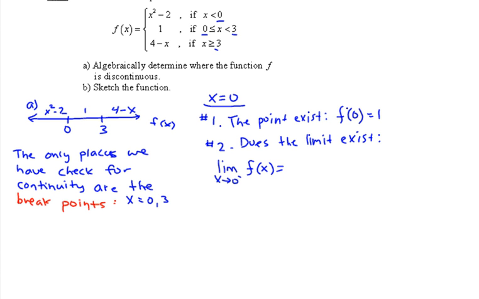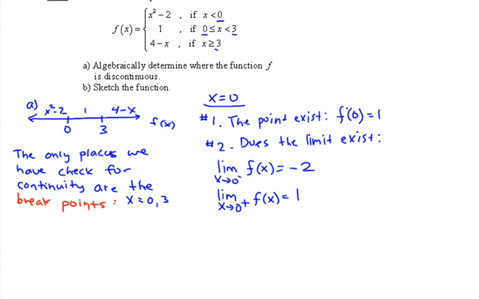This is where this one-dimensional line can be helpful. On the left side, I'm going to plug in this equation: 0 squared minus 2, which is negative 2. Notice from the left, it's approaching negative 2. Now from the right, which equation will I use? Y equals 1, so that would just equal 1.